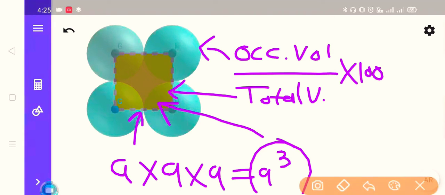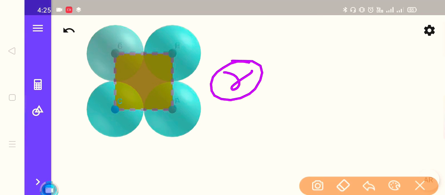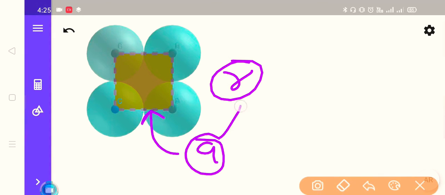So here we have a volume problem. Occupied volume is by spheres, and the volume of spheres will be obtained in terms of the radius of the sphere. Total volume is the volume of the cube, and the volume of the cube will be obtained in terms of edge length. So first of all we have to find the relationship between these two.